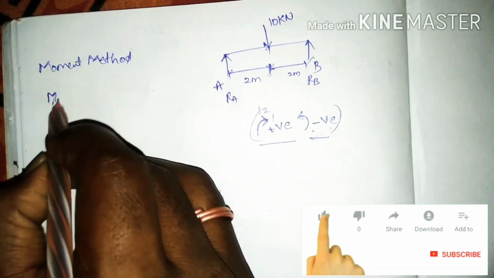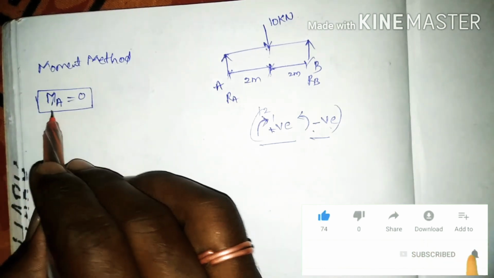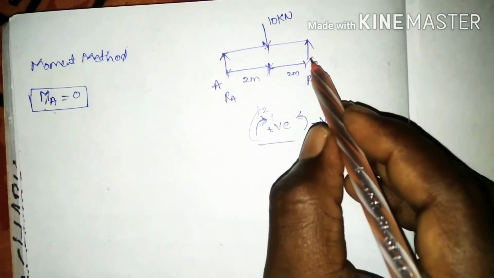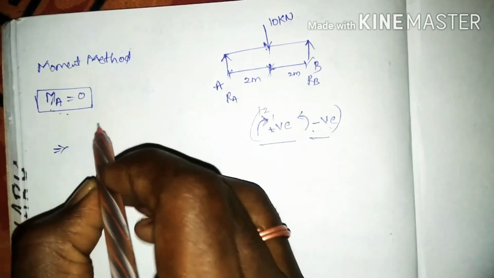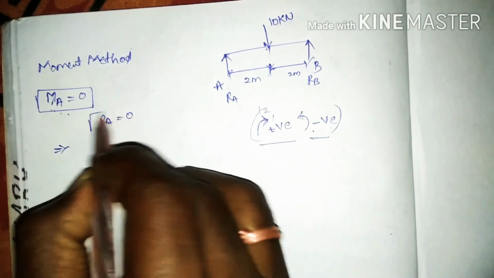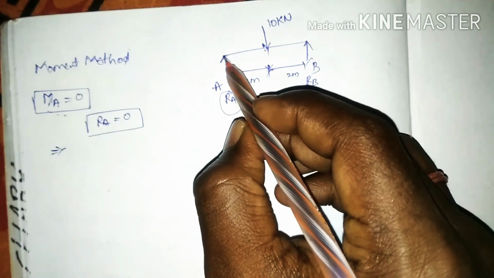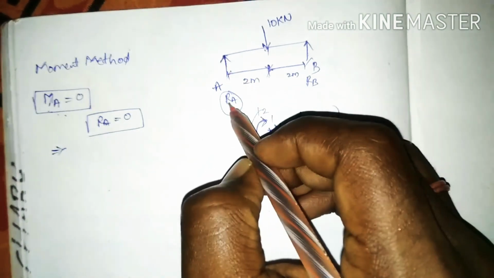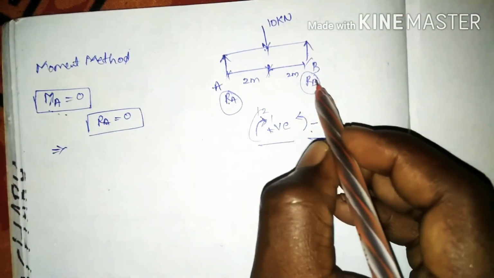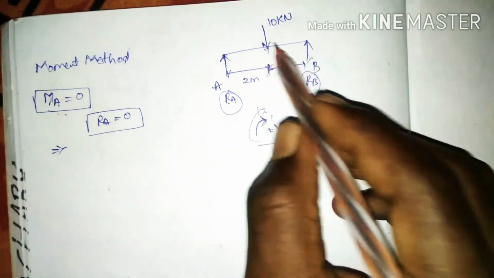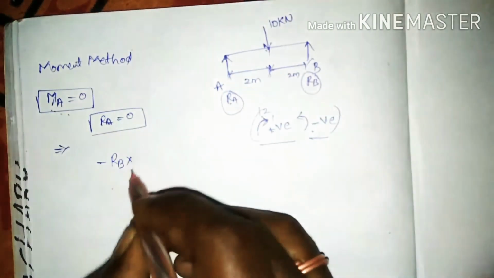I take the moment about A equal to 0. Then the RA term becomes 0, because RA has no distance to multiply with when taking moments about A. RB is in the anticlockwise direction, so minus RB into the distance from A to B, which is 4 meters.